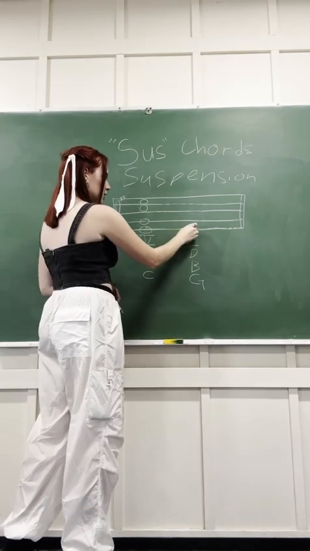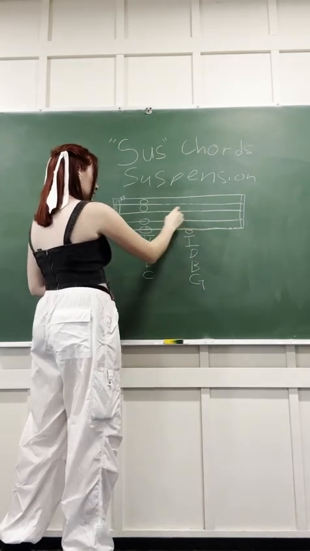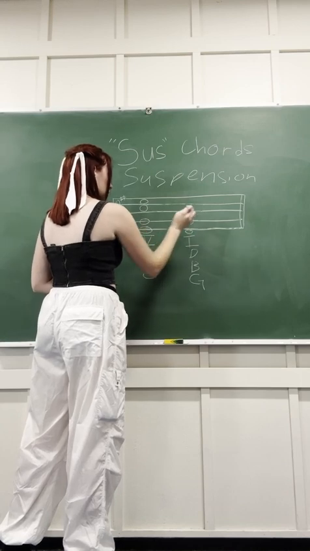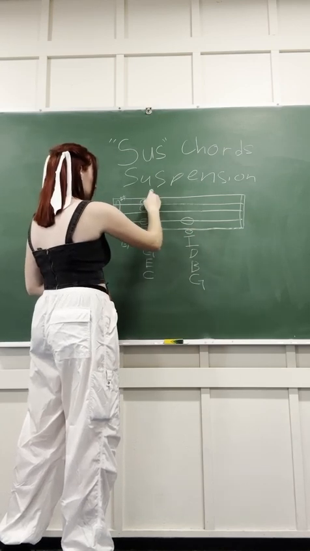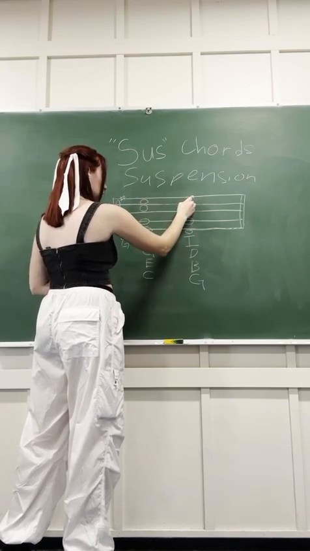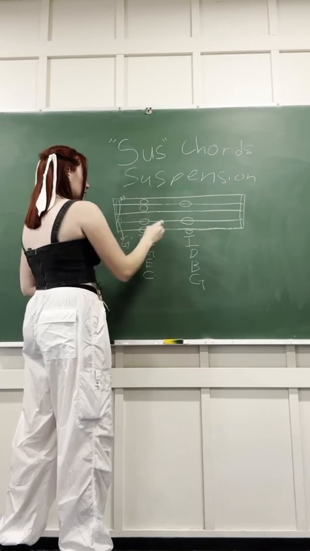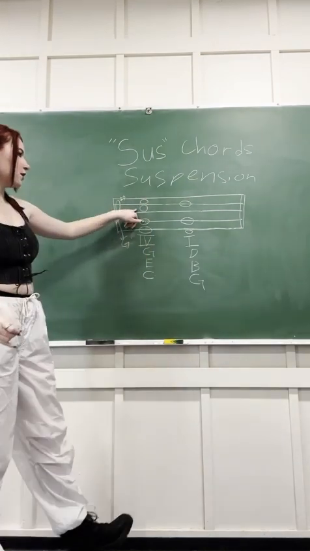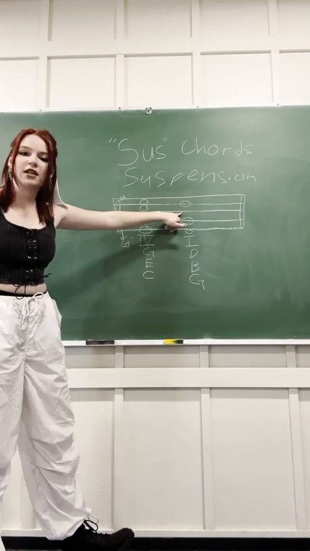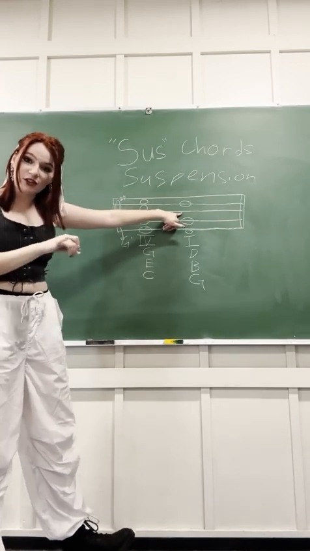We're going to take the E, take it down to a D, take the G, carry it across, take this E, also bring it down, and then usually you would take this C, put it down on the B. But what if you want a fun, snazzy suspension?